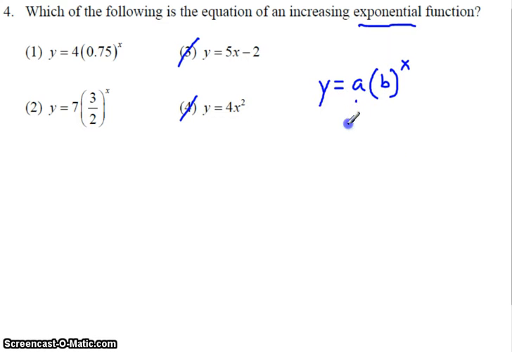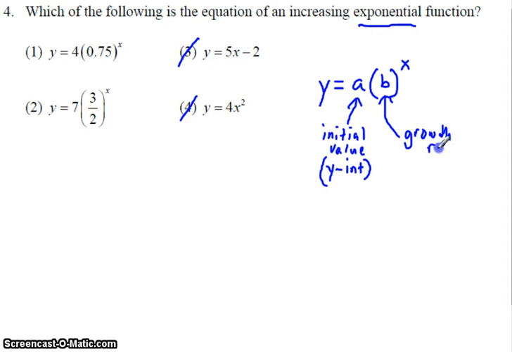And remember, the a is your initial value. It's kind of like your starting value. You could also call that the y-intercept. Your b is your growth rate. Could be your decay rate too, but it's just in general called the growth rate.